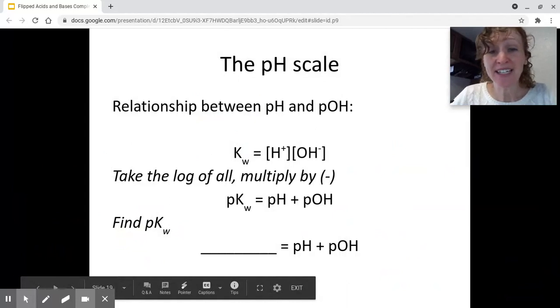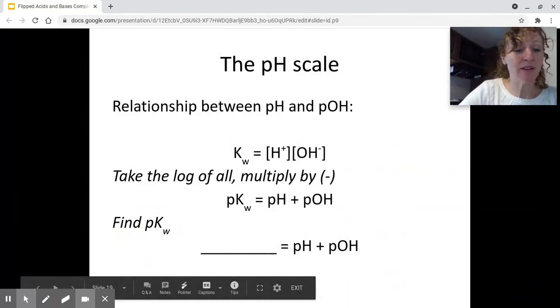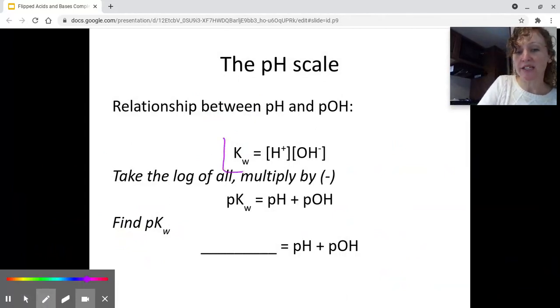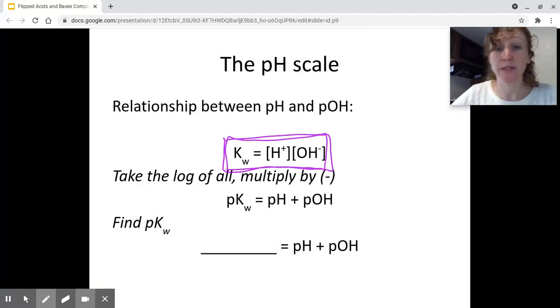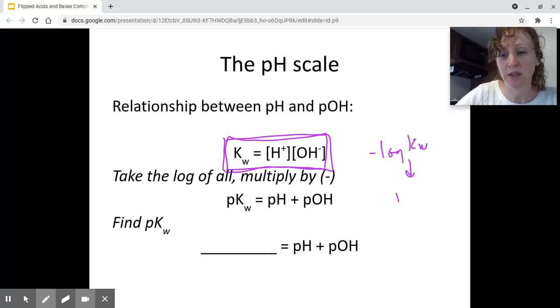Okay, last thing, notice that we do have this relationship of Kw that we just used on the last page. That one's going to be one of your equations you can kind of manipulate to get out what you want. But if we take the negative log of both of them, remember the negative log of Kw is just going to be pKw.